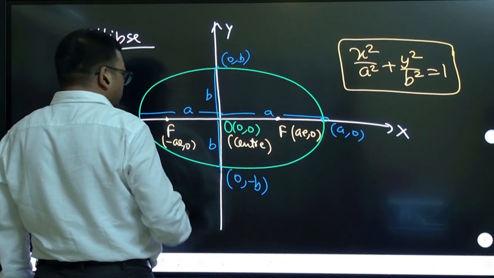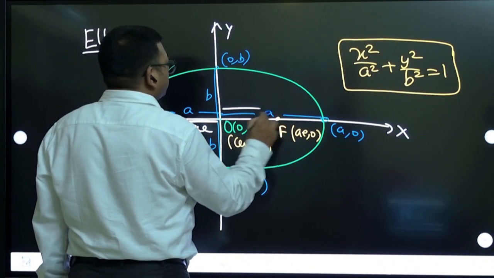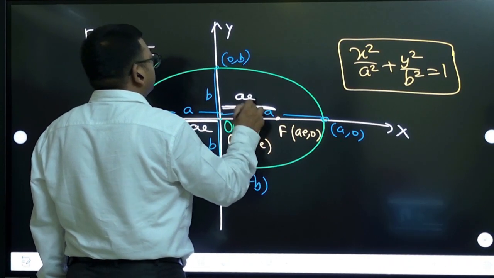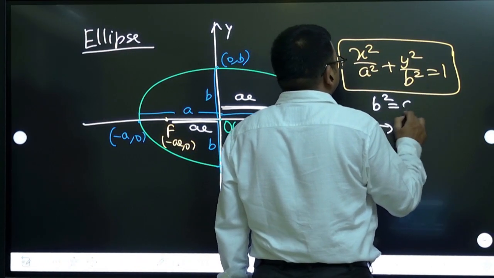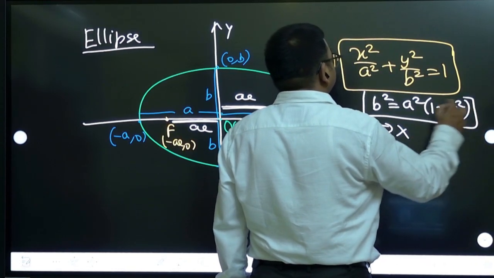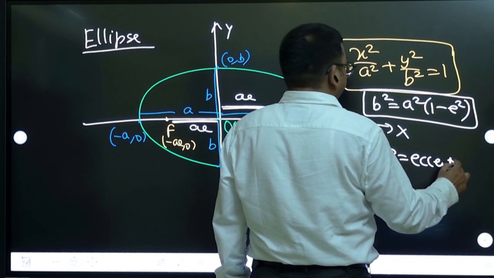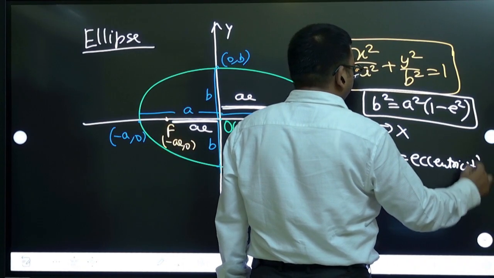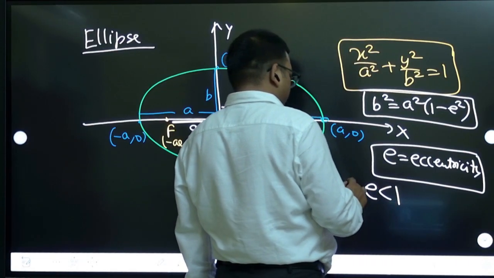Ae is the distance from here to here, the focus distance. Here b square is equal to a square into 1 minus e square. This relationship is there. E is called eccentricity, and the value of e is less than 1.